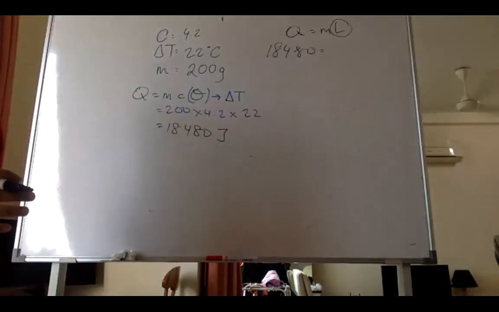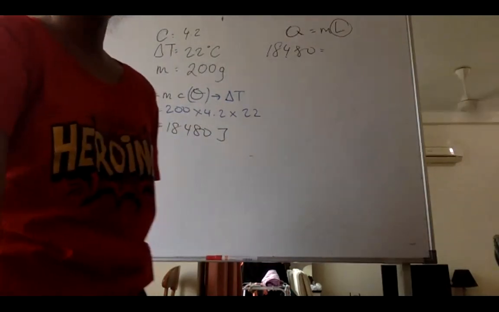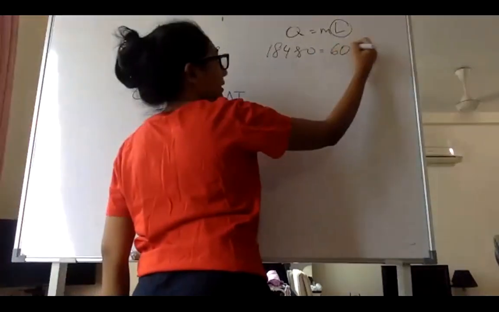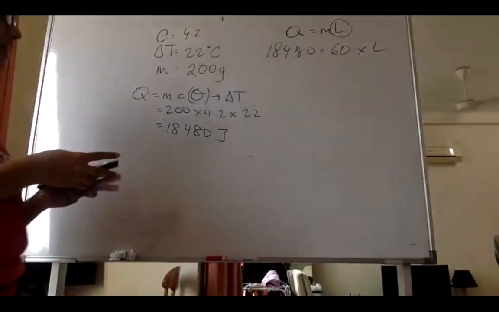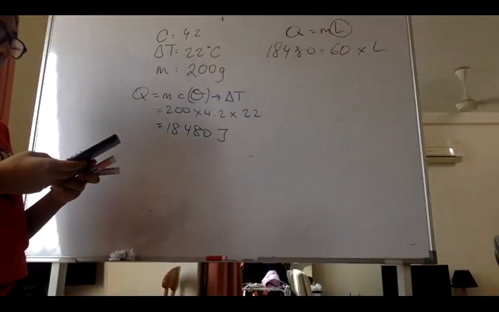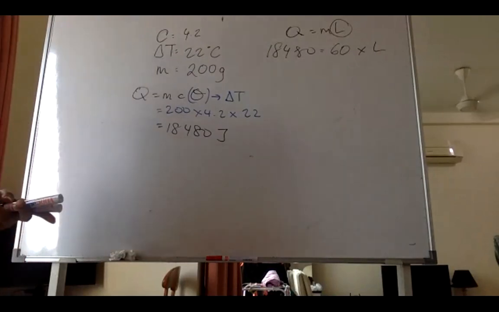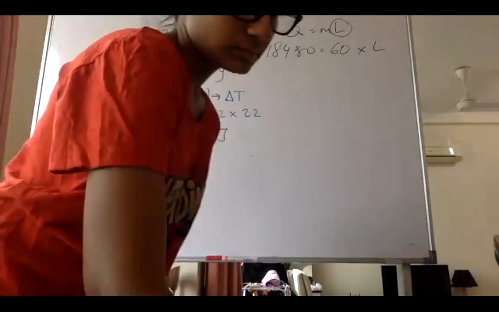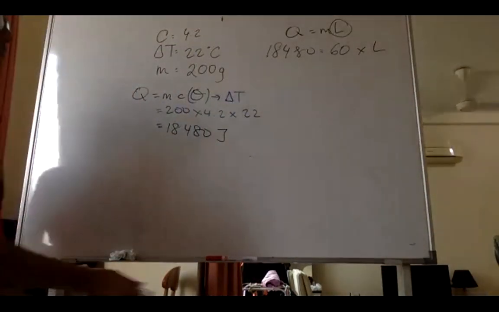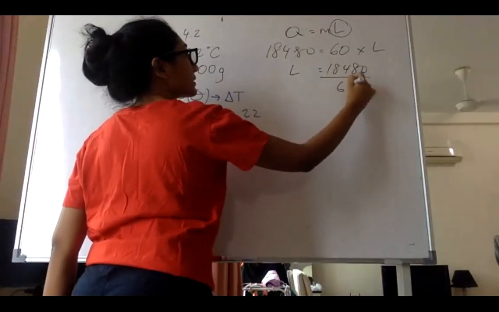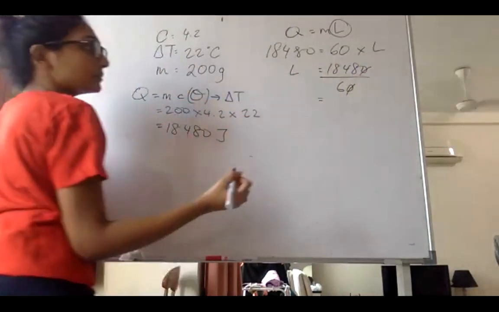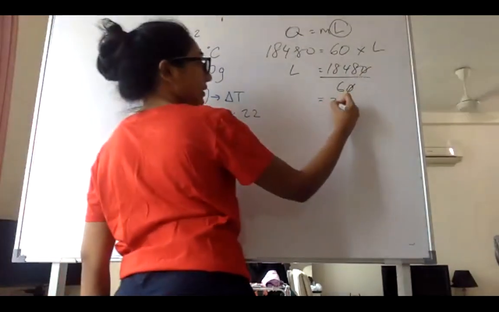And then mass. What is the mass of ice that was used? 200? No, that is water. 60, yeah. And then latent heat is L. That's what we want to find. So 18480 divided by 60, what do I get? 308.